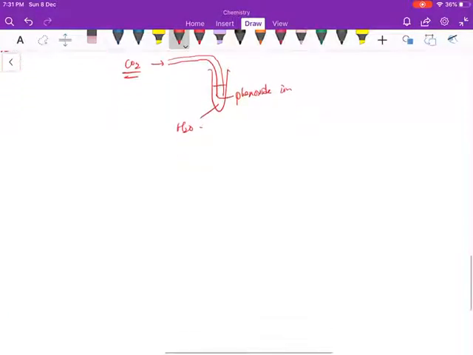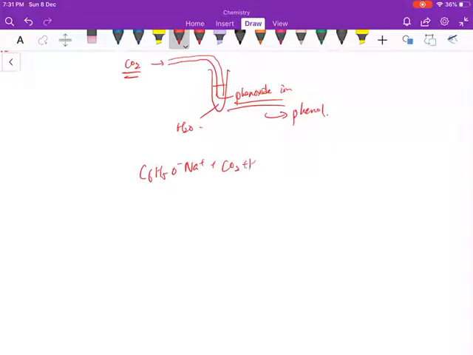What happens is the phenoxide ion actually turns back to phenol. The equation is something like that: carbon dioxide plus water gives phenol and sodium hydrogen carbonate, or whatever you want.